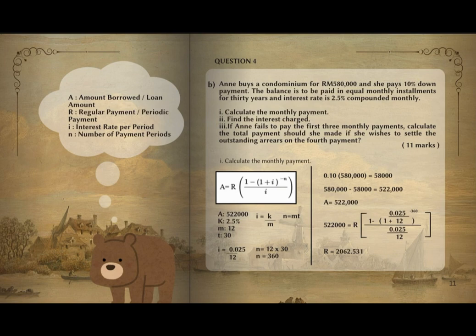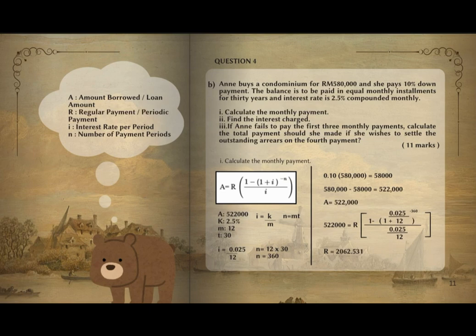But before that, we have to find the amount borrowed. So 0.10 multiplied by 580,000 equals 58,000. Next, 580,000 minus 58,000, so we get the amount borrowed, which is 522,000 ringgit.